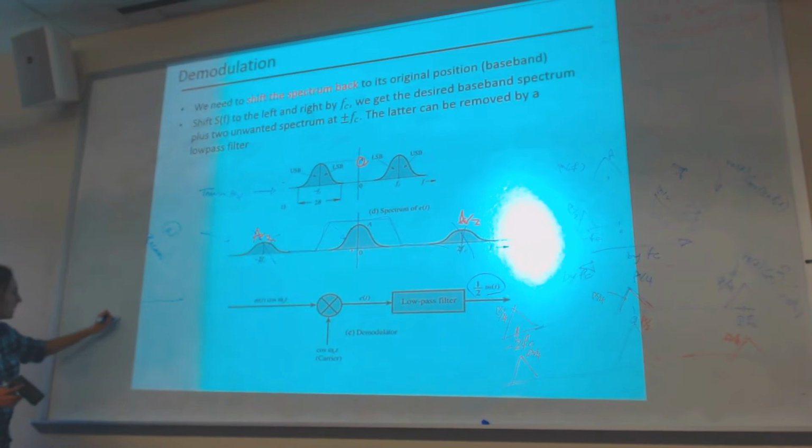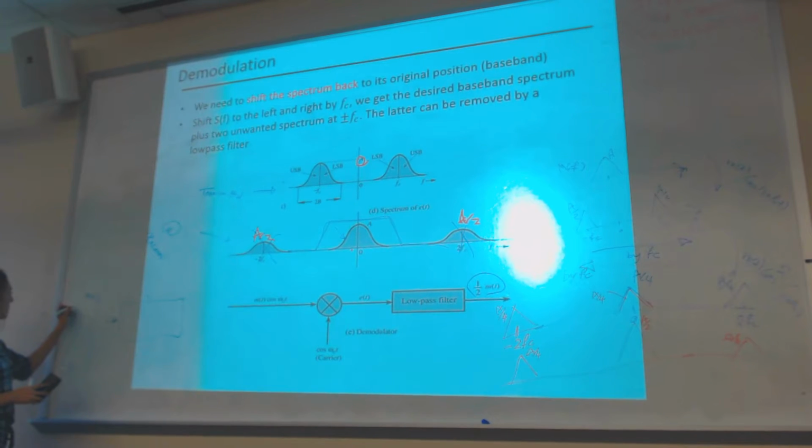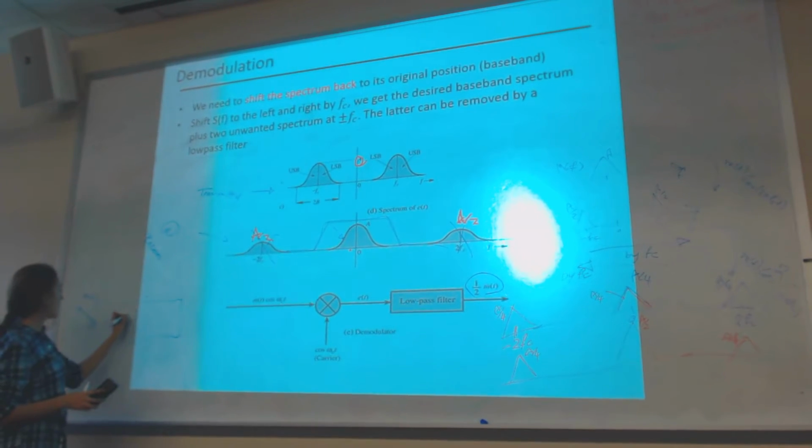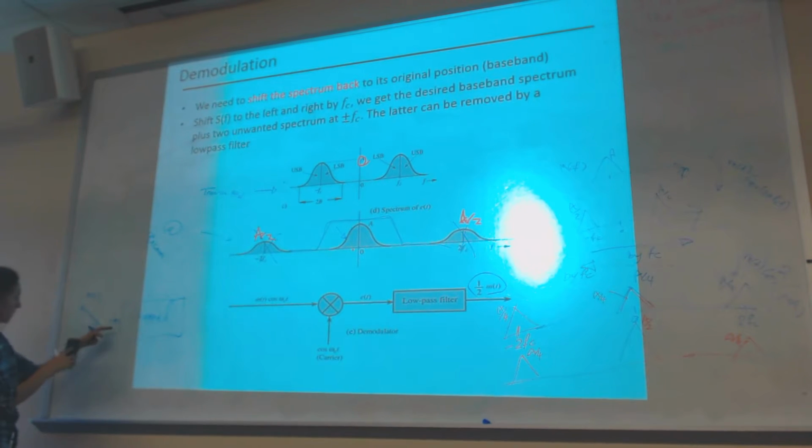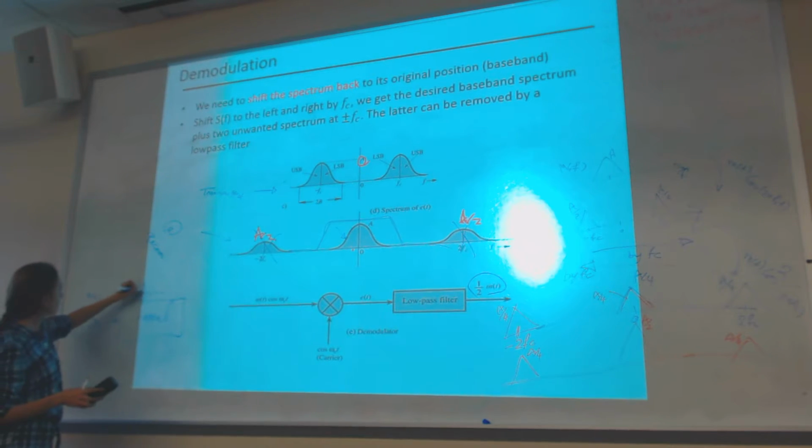So again, the big picture is like this. Here there is a transmitter, or let's say this is you, and you have a message m(t). This is the channel, the communication channel. Over the communication channel, you should have a high frequency.